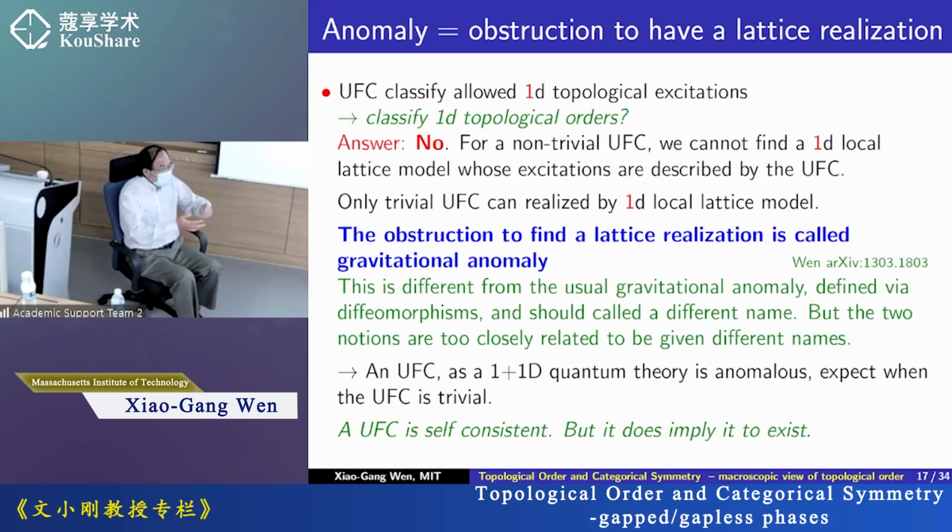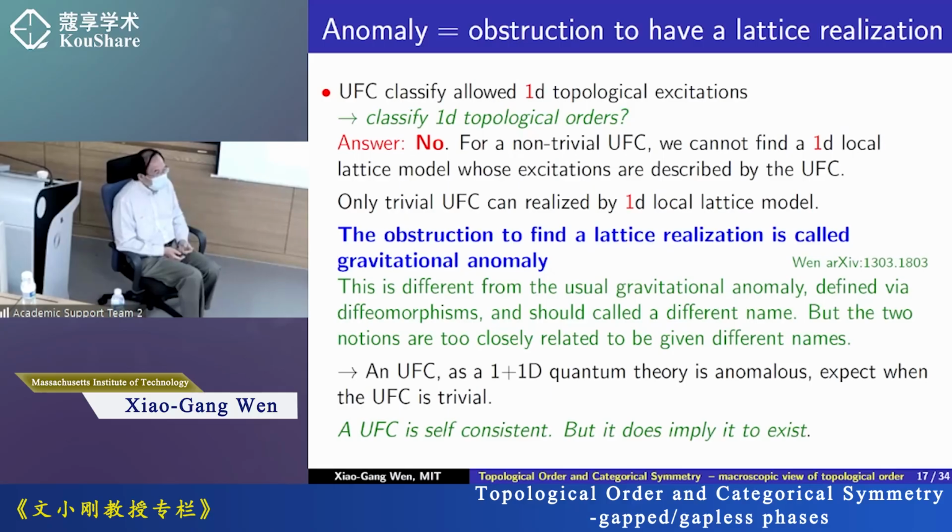So this is the typical tension from continuum to UV completion, the mismatch from a consistent continuum theory to a consistent lattice UV completion. This mismatch is called anomaly, and here we just say this mismatch exists.